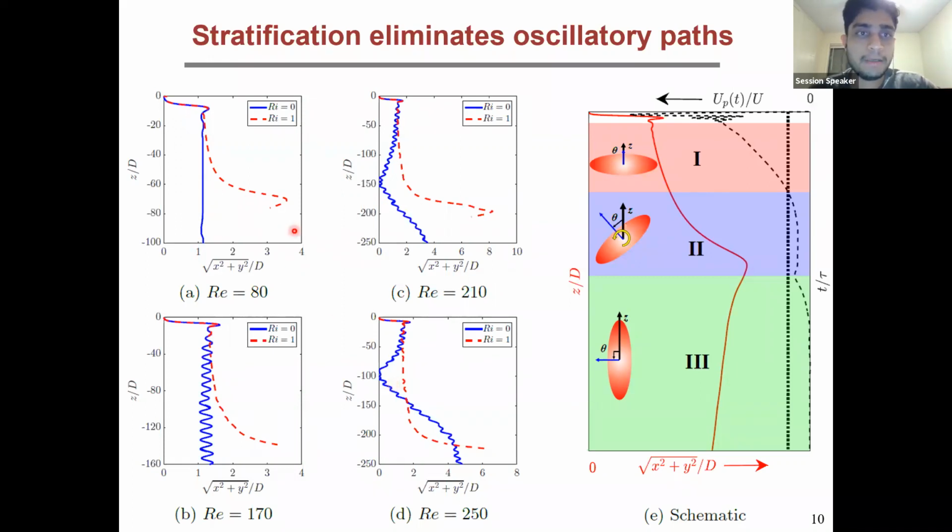And as we introduce stratification, we observe that these oscillatory paths are eliminated because of the stratification, and the trajectory is basically similar for all the Reynolds numbers. This is summarized in this nice figure here, where we plot the trajectory in red along with the settling velocity evolution.